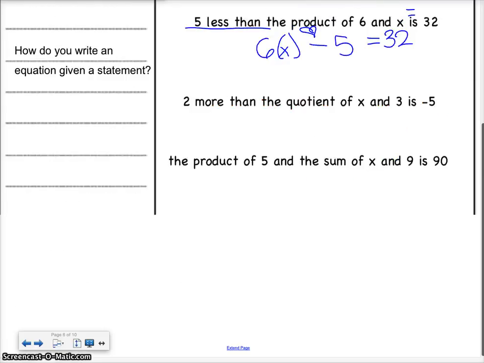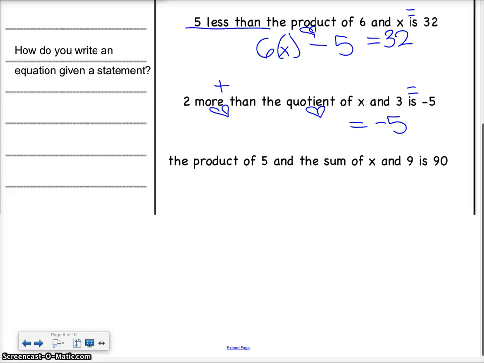2 more than the quotient of x and 3 is negative 5. I always put an equal by my is. I always kind of work backwards. I know it's equals negative 5. Now what goes on the left-hand side? 2 more than the quotient. So I have 2 vocab words again. That does tell me parentheses, in case order of operations comes into effect. More than means plus. Quotient is division.